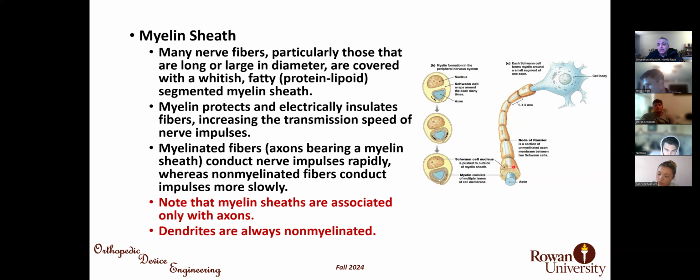So these cells are called Schwann cells. They provide nutrition and also support and protect the axon, but they have one more important function that we will discuss later.